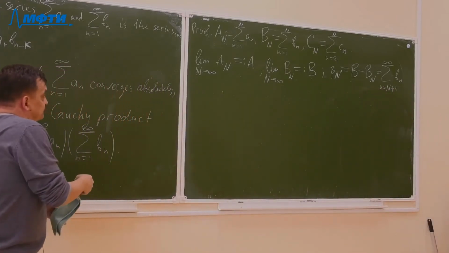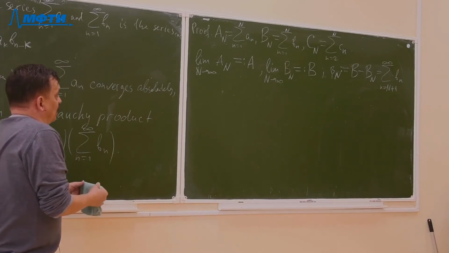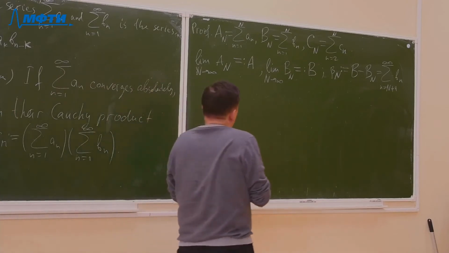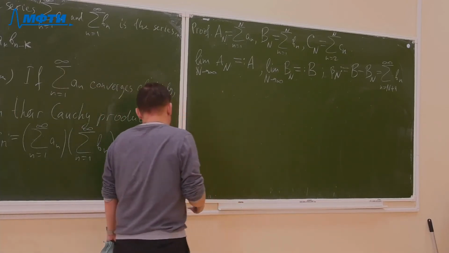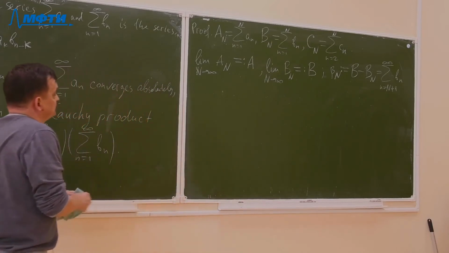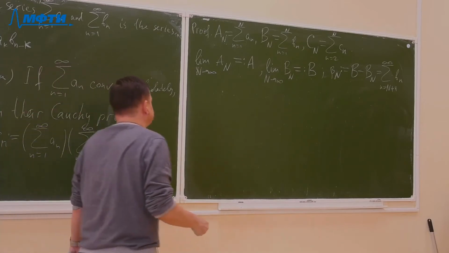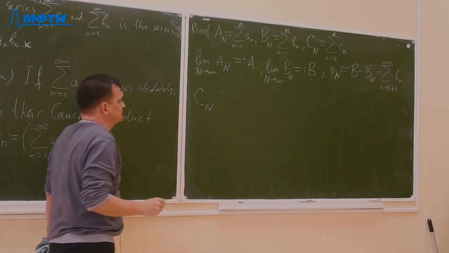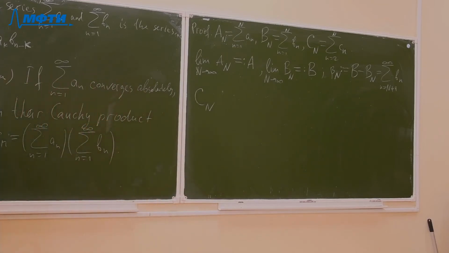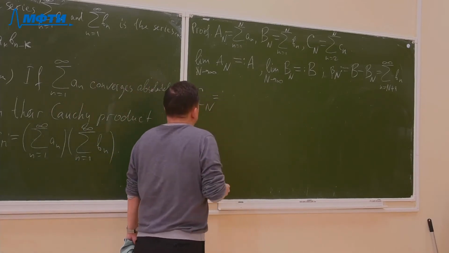So, I want to consider C_N, the partial sum of the Cauchy product. So what is it?